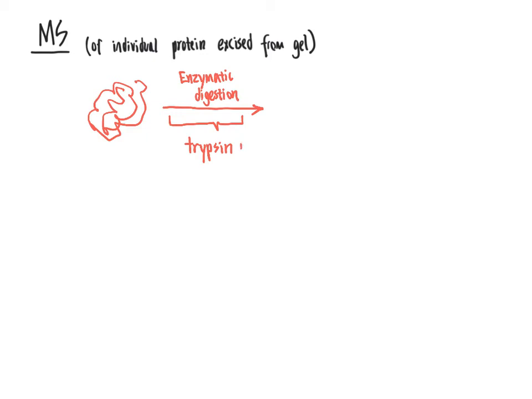So trypsin is going to cleave, or break, at the carboxy side of the basic amino acids, arginine and lysine.